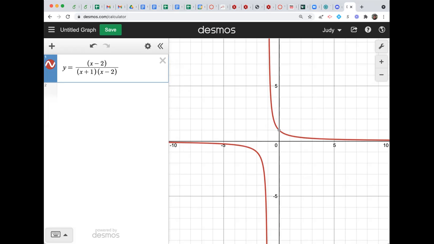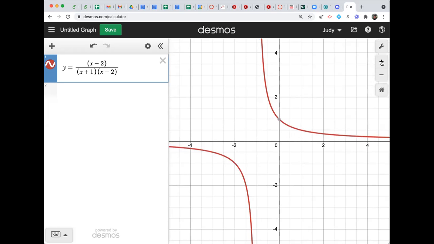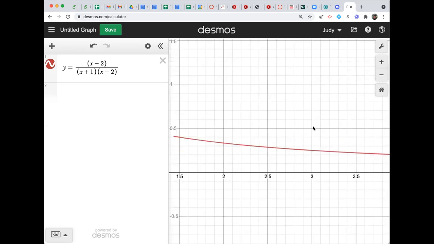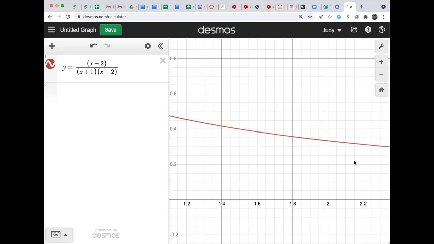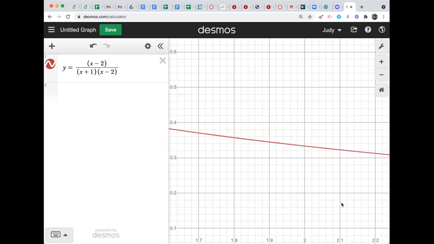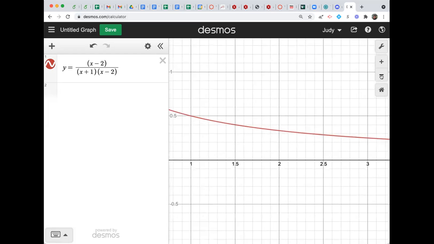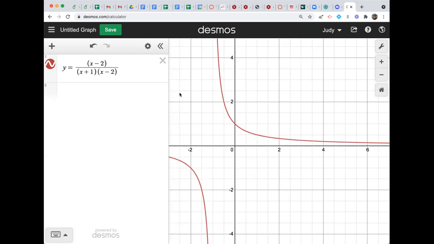Okay. So I'm going to zoom in, and I suggest that you do the same thing too. You can do that by clicking on the plus button, but I want you to see if you can get as close to 2 as you can, right? So I'm getting pretty close in there, but it still looks like it's going straight through the line. But one of the features about Desmos, right? So if I zoom back out for a moment, one of the cool features about Desmos is if you click on a point, it tells you what the coordinate of the point is.